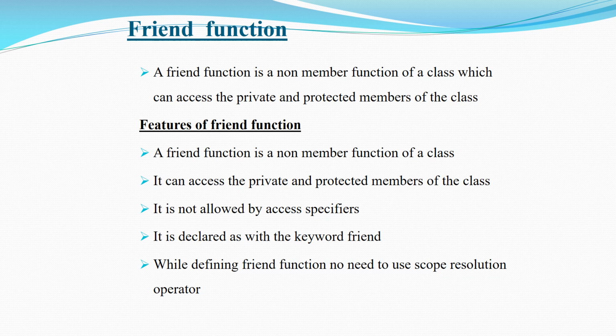The major difference between a member function and a friend function is that the member function is accessed through the object, while a friend function requires an object to be passed as a parameter. Once again, I repeat, the member function is accessed through the object, while the friend function requires an object to be passed as a parameter.